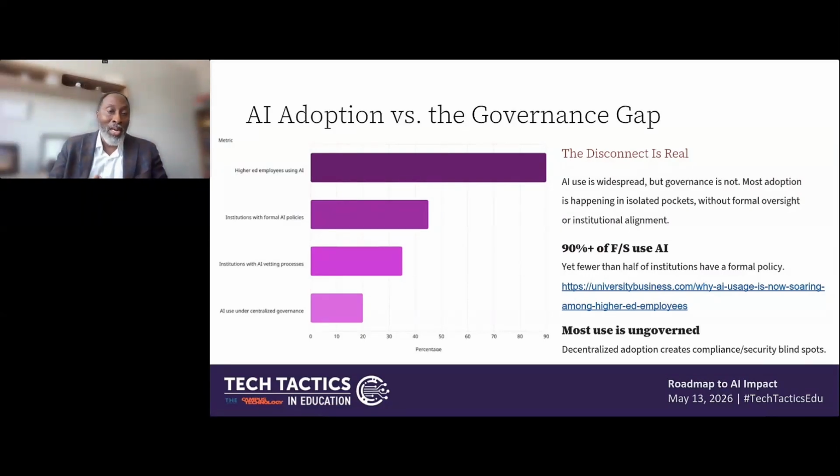In terms of AI policies, the visual may not be as clear, but institutions with formal AI policies are less than half of the organizations, and institutions with vetting processes, to a lesser degree. And then, of course, AI under centralized governance, meaning that instead of it being centralized, it's decentralized. We see that far fewer schools are indicating a centralized AI governance approach.